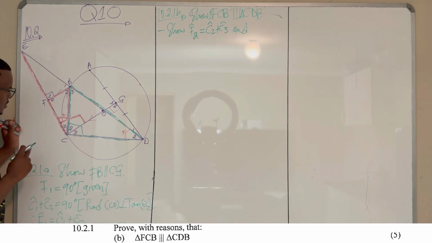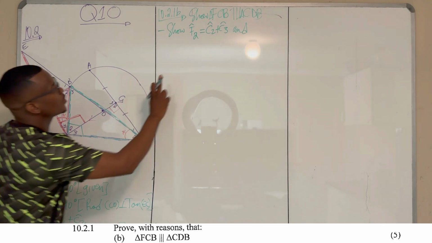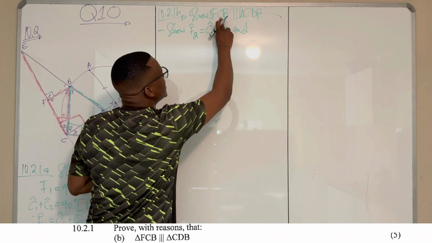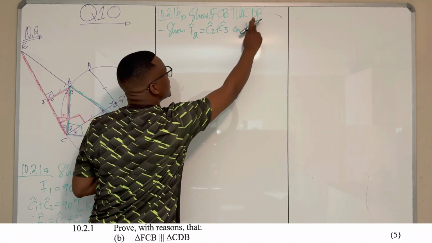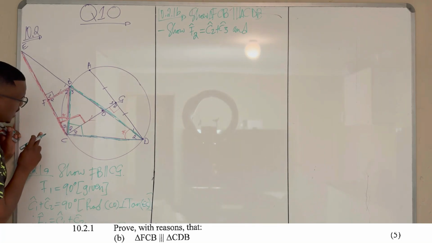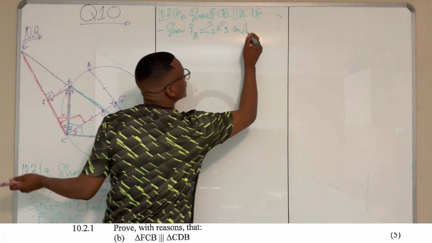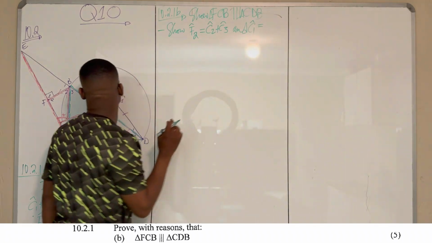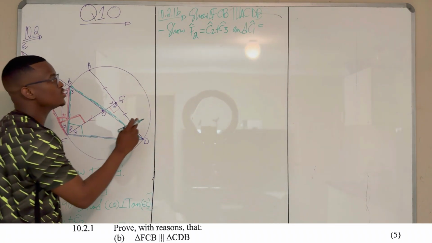Go to another angle. Maybe your angle C of the first triangle is equal to angle D of the second triangle. So your angle C of the red triangle, which is C1, angle C1 is equal to angle D of the second triangle, which is angle D2.